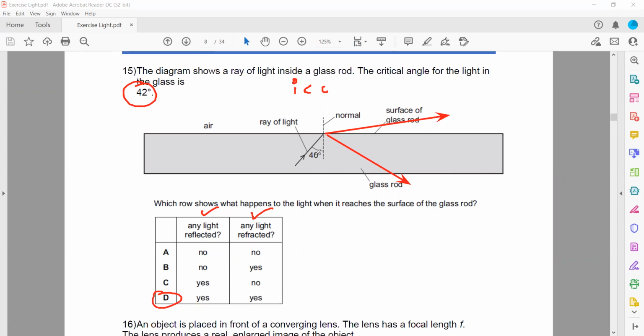Even if it was 42, in that case some of the light will also refract, some of the light will reflect. And if it is more than 42, for example if it is 44, then all of the light will reflect. There is no refraction.